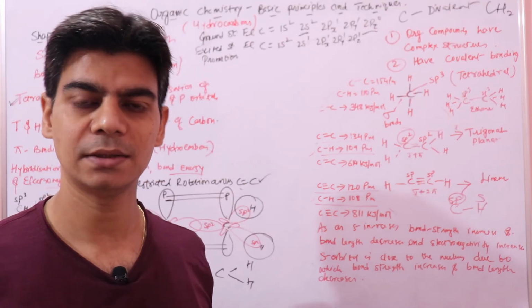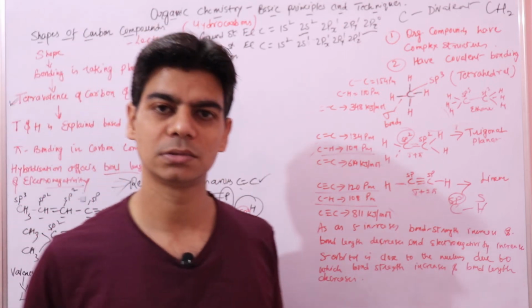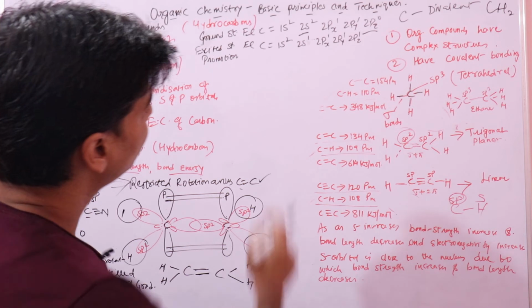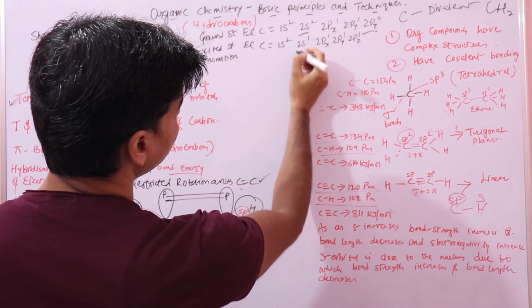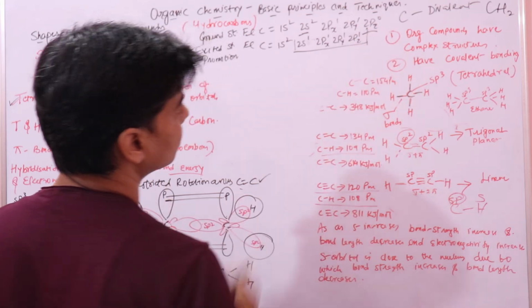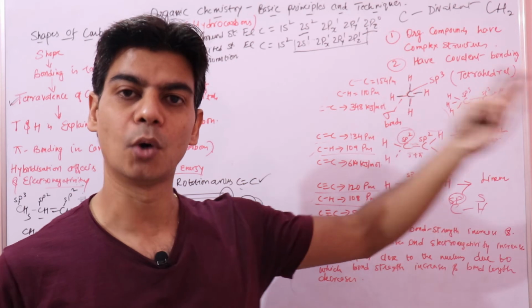But why we say that they are same? What makes us think that these bonds should be different? If you look at only these half-filled orbitals, they can overlap, can take part in bonding, right?